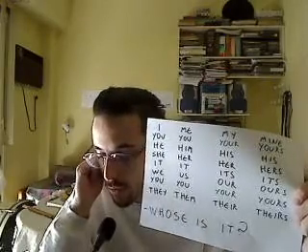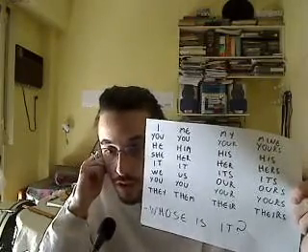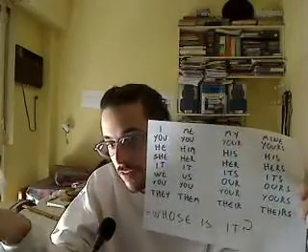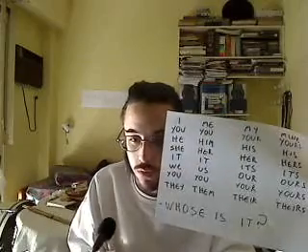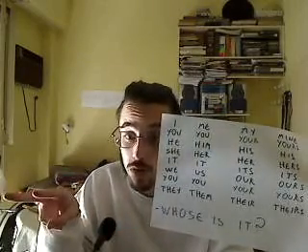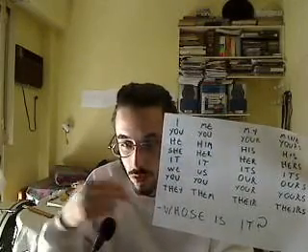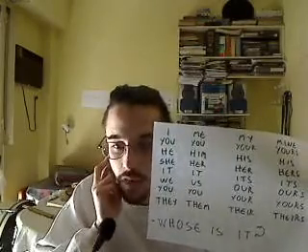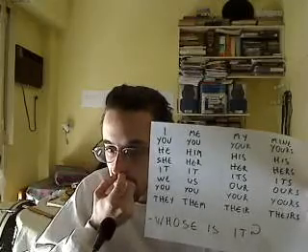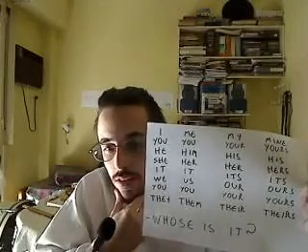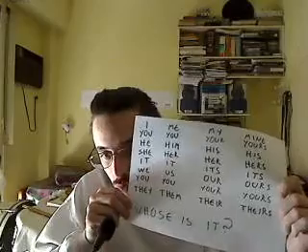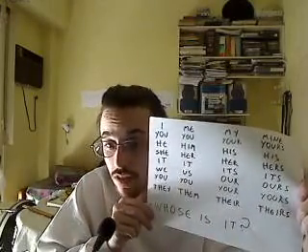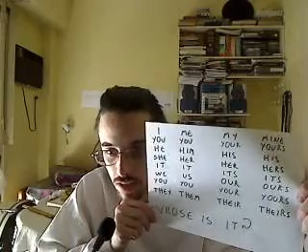Or you can also say, whose is this, or whose is that? Or whose are those, or whose are these, if you're talking about more than one thing. Okay, so, whose is this? Now let's answer that question with some sentences.